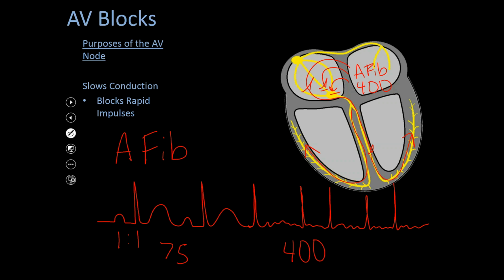So this is really a valuable function of the AV node, because had it not been for the AV node blocking out many of those impulses, when your patient converted to atrial fibrillation right here, they would have also gone into ventricular fibrillation, and it would have resulted in death. So the AV node prevents AFib from being a fatal condition.